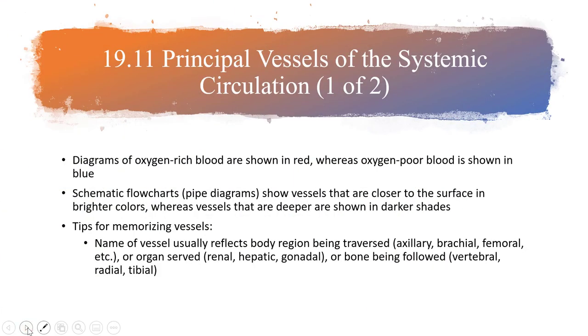So just know in the lab that oxygen-rich blood, the arterial blood, is usually red, and oxygen-poor blood is usually shown in blue. This is only in diagrams that you will see in the textbook as well as in the model.